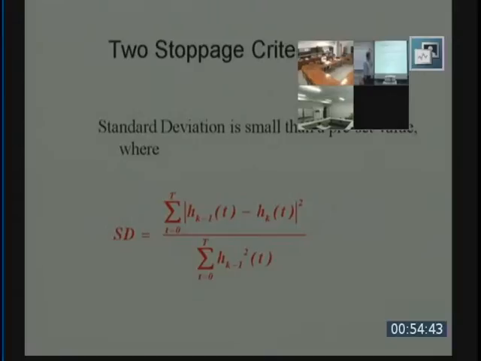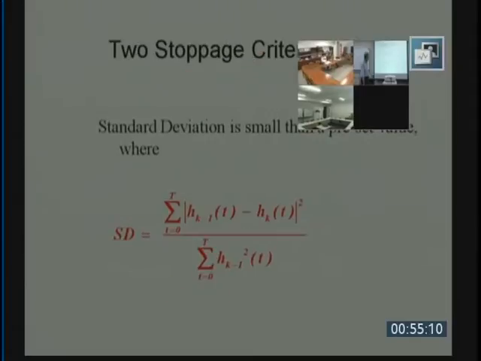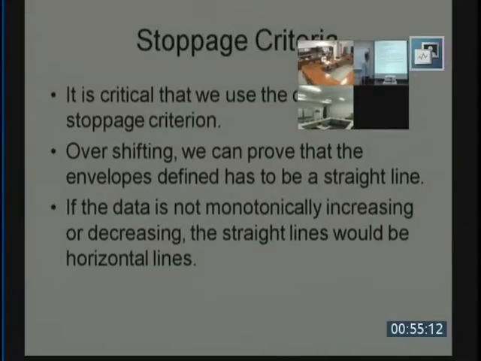The stoppage criterion compares the (k minus 1)-th time with the k-th time. If the difference compared to the value that we got is small, then we stop. This is an a priori criterion you set. Once it achieves that, we stop. The stop criterion is very critical. We will talk about that in the class.